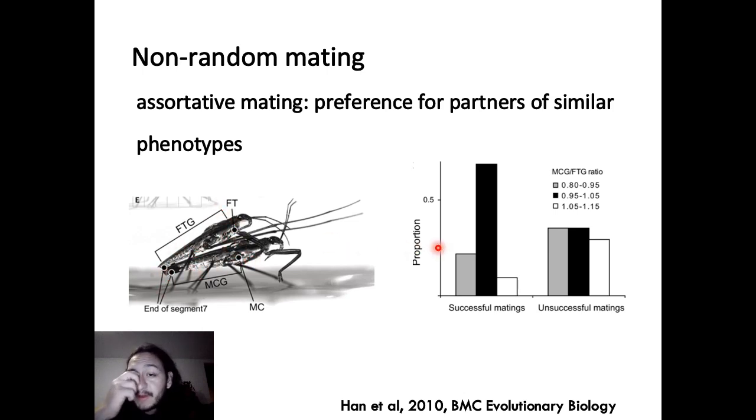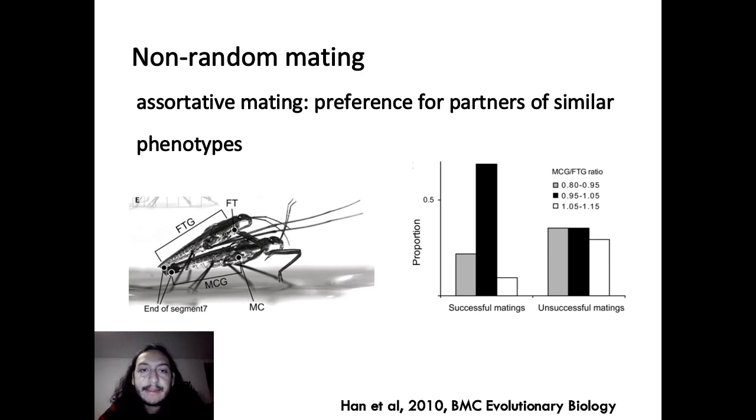They established that when the matings were successful, this ratio was closest to one, and in the unsuccessful matings, most of them deviated from this ratio between sizes. This means that there is a preference for these insects to reproduce with others that are more or less the same size as they are.